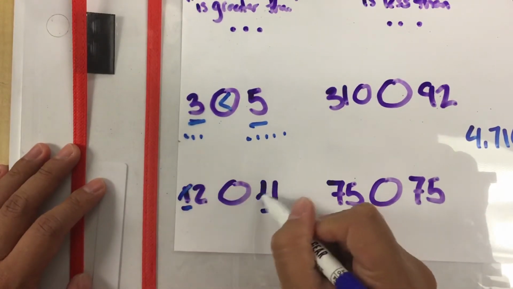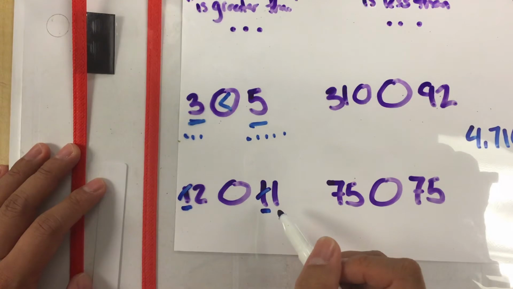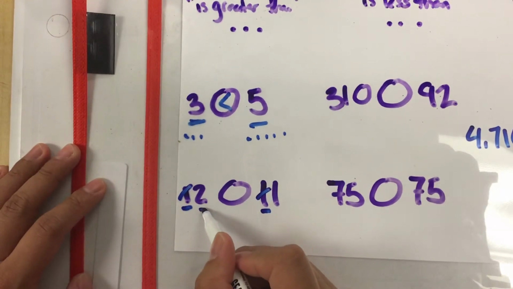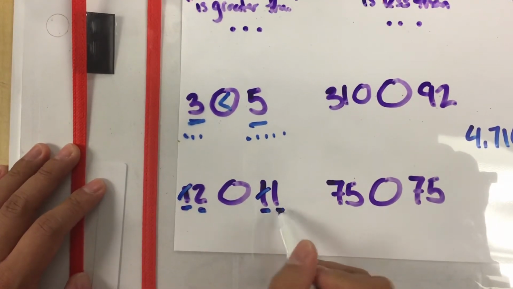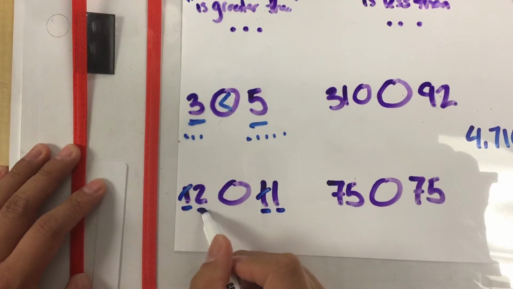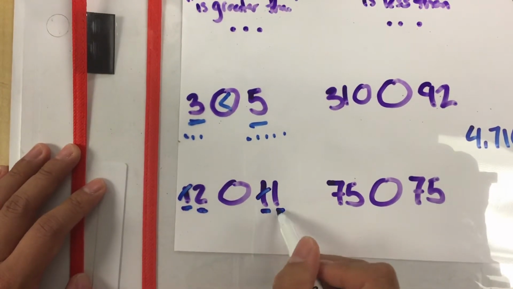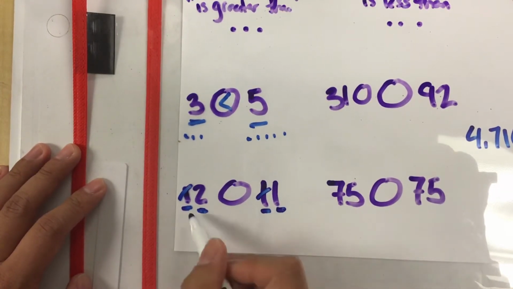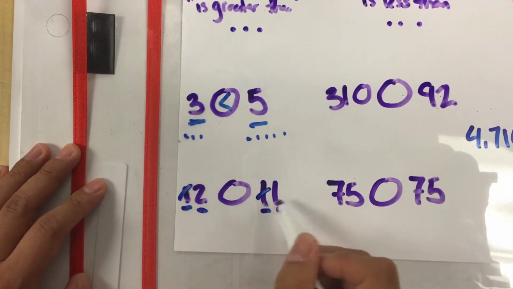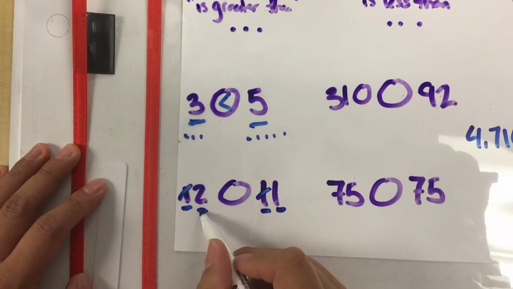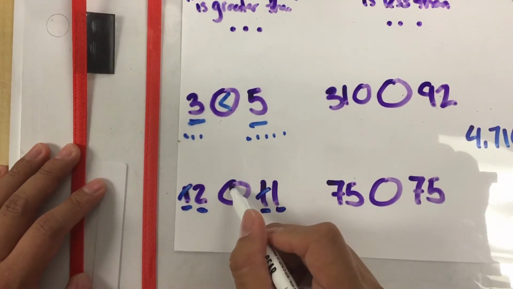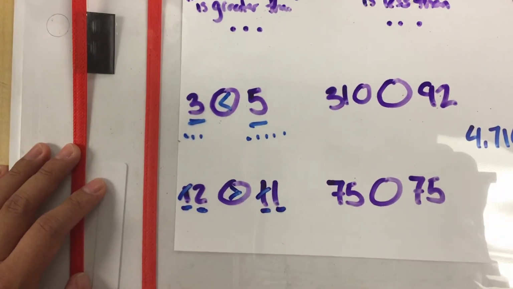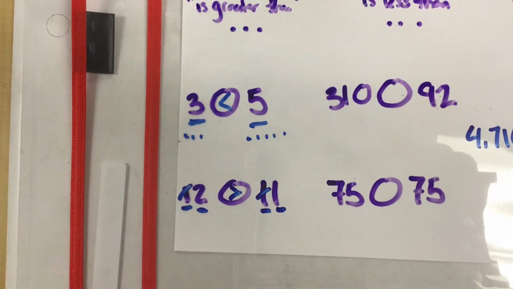So that's both equal, and I need to move on to the next number to see which one is bigger. So now this one has 2 ones, while this one has 1 one. So this is like 1 ten and 2 ones versus 1 ten and 1 one. So I know that 12 is greater than 11 because it has 1 more 1 than 11. Okay?